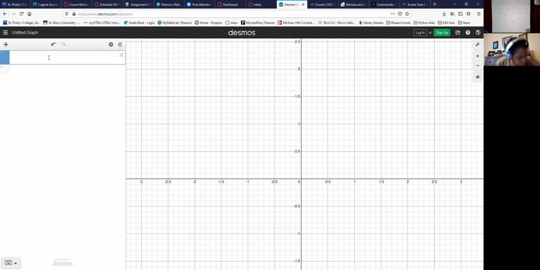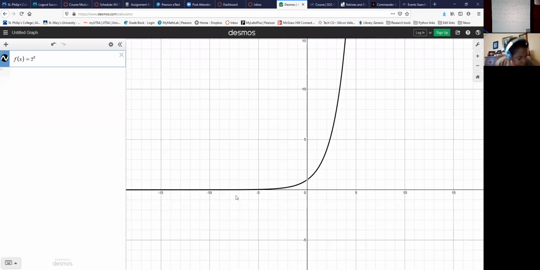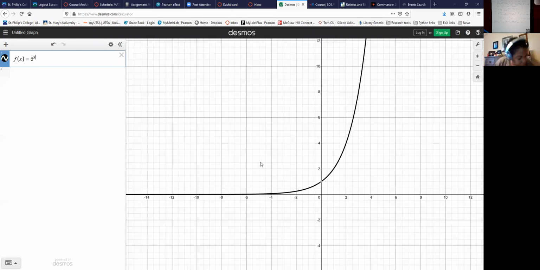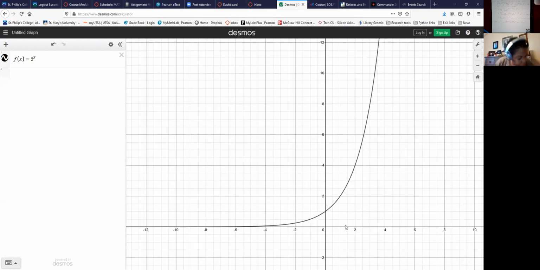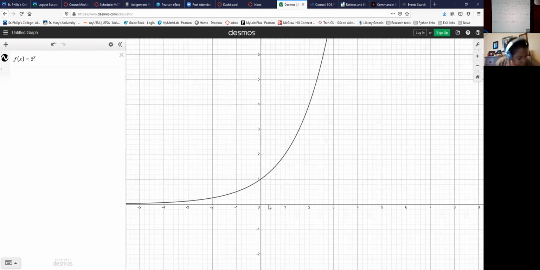So let's see. f of x equal to 2 to the x. This is your exponential function. As you can see, it grows really quickly. I'm sure you've heard that term, right? Growing exponentially. This is what they mean. After a couple of points, it really explodes, right?